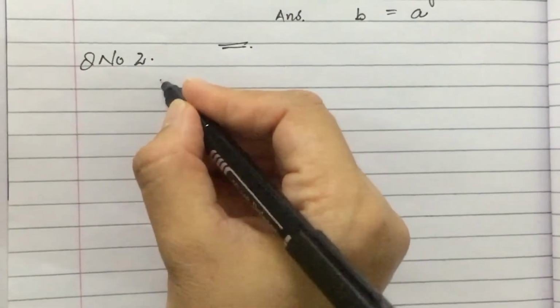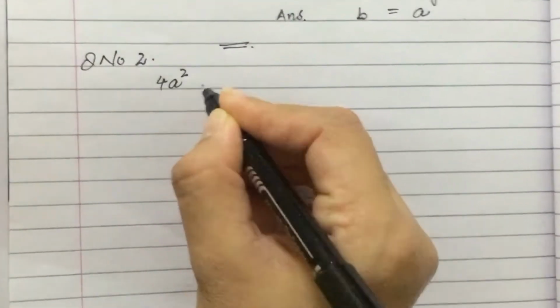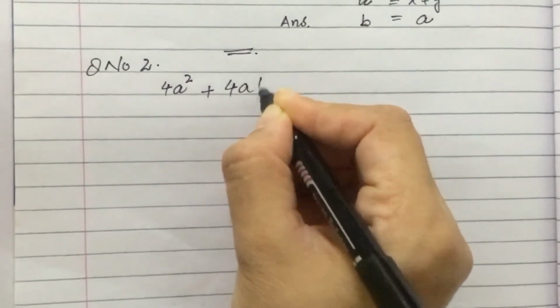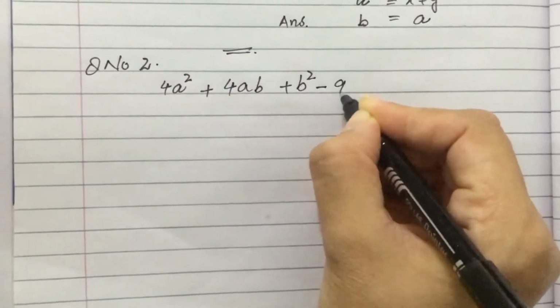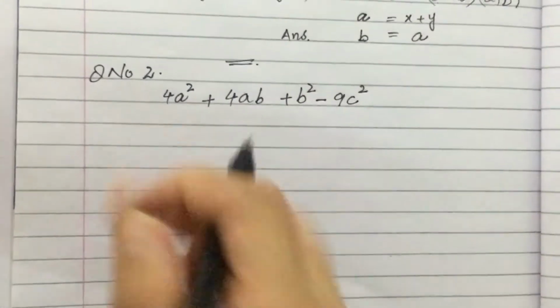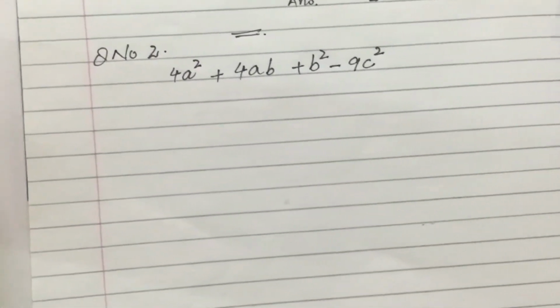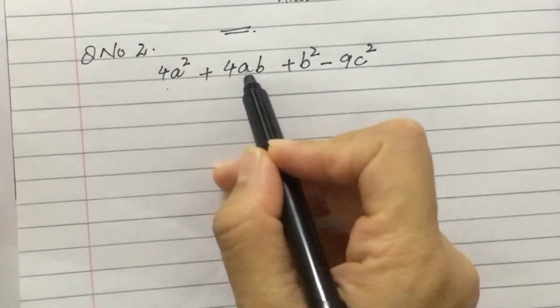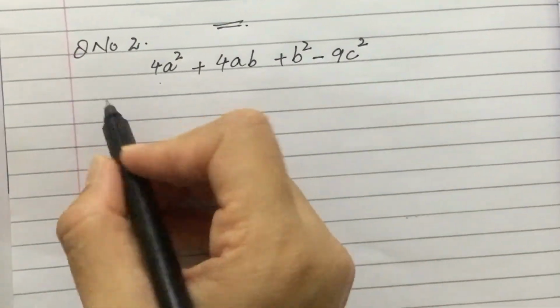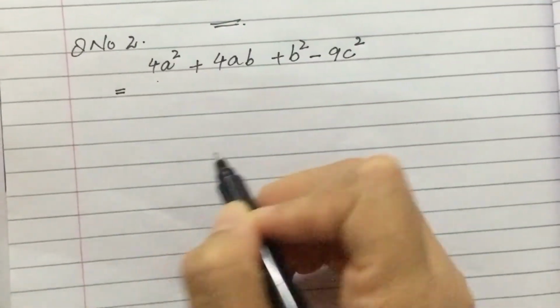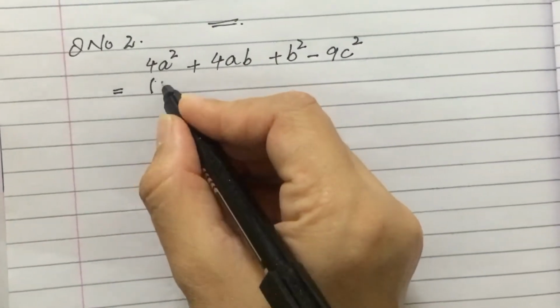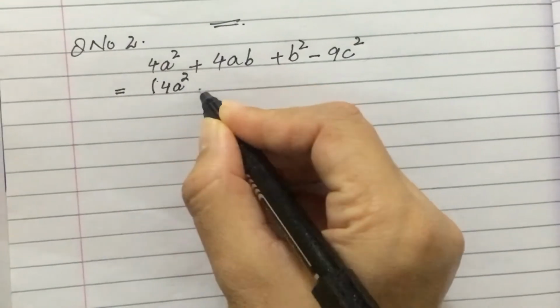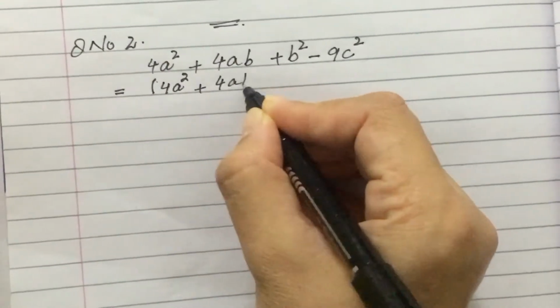Question number 2 is 4a square plus 4ab plus b square minus 9c square. Again this expression has 4 terms and the first 3 terms make a formula. By completing the square we can solve these 3 terms.